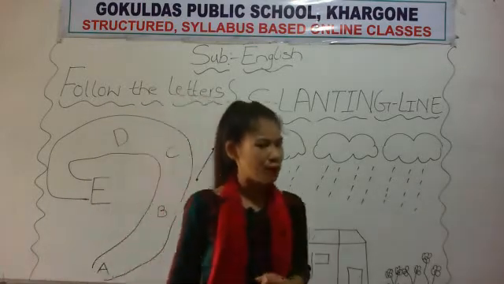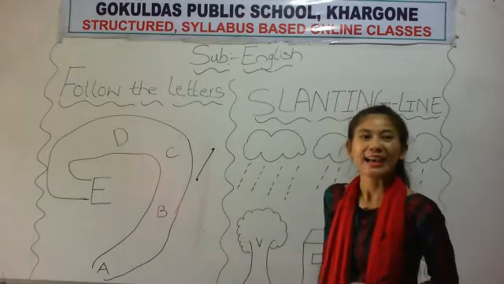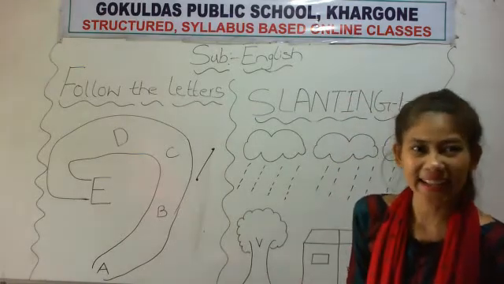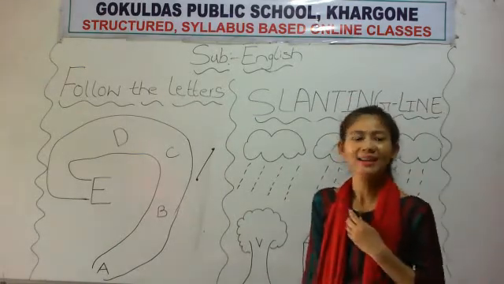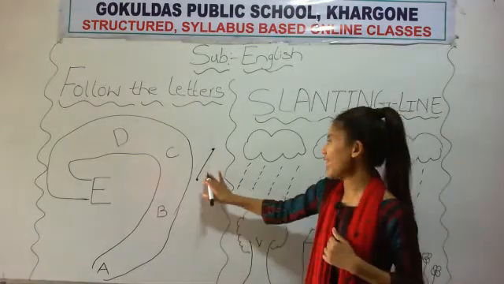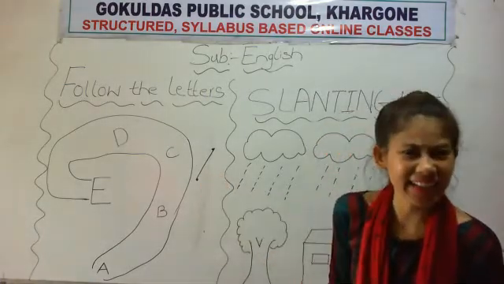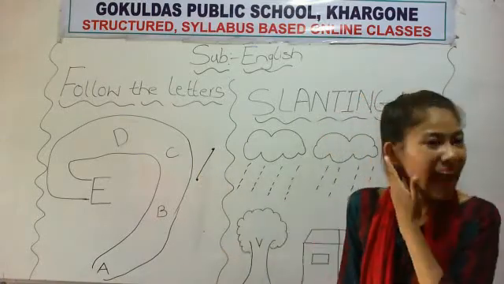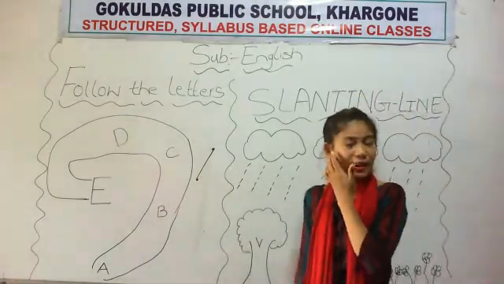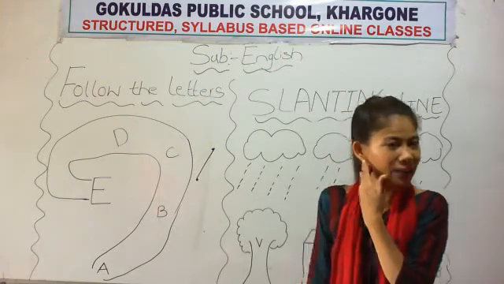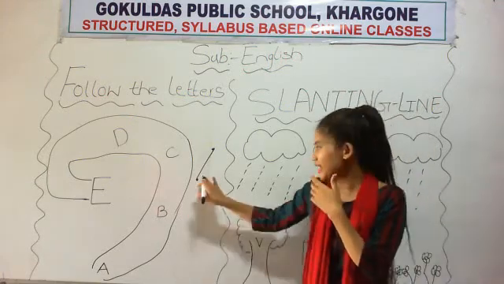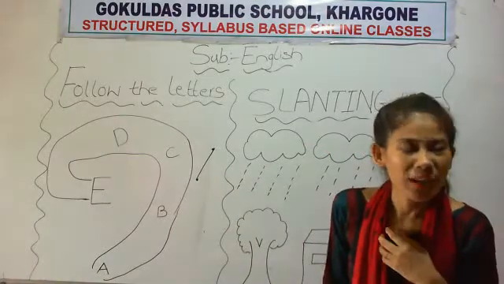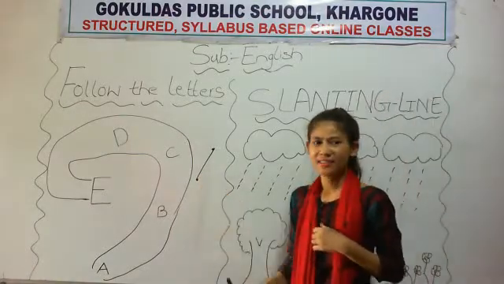In my previous video we have learned only sleeping line and standing line, but today we are learning slanting line. We are joining one more new line, right? Which line is this? This is standing line.